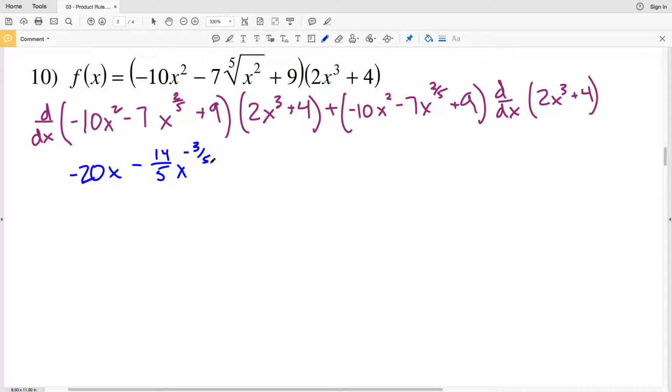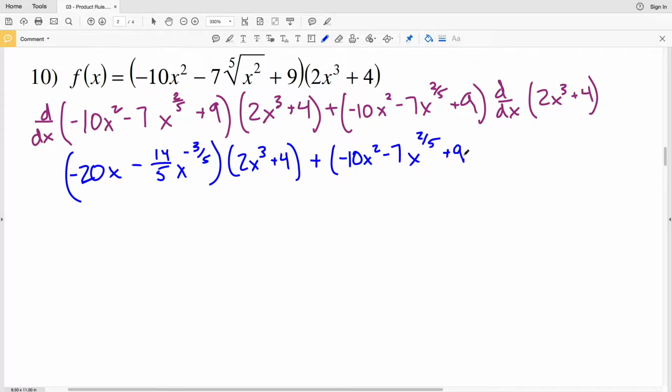And I'm adding that to the derivative of our constant 9, which is 0. So that gets multiplied to 2x cubed plus 4, and then added to the quantity negative 10x squared minus 7x to the 2/5 plus 9 times the derivative of 2x cubed plus 4, which this 4 is a constant, so that derivative is 0. So 2x cubed, that derivative is 2 times 3, which is 6, times x to the 3 minus 1, which is x squared.